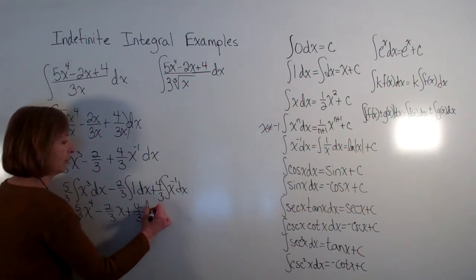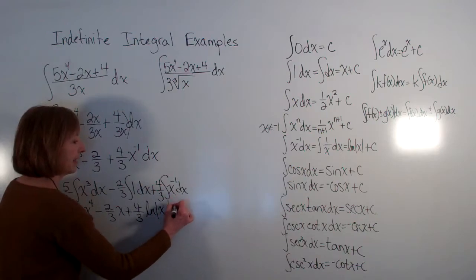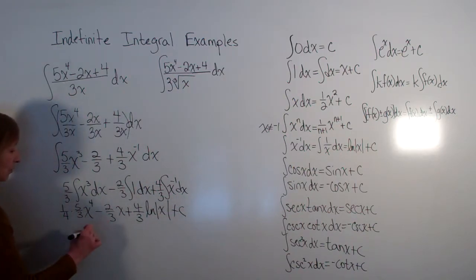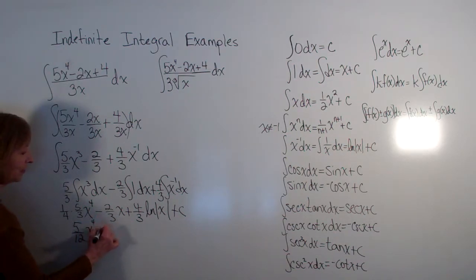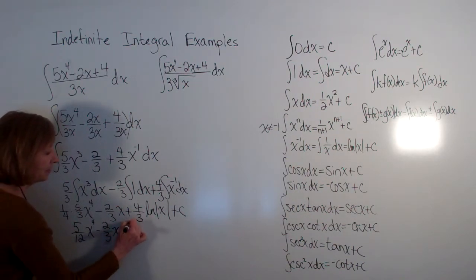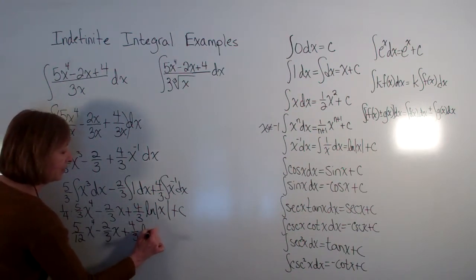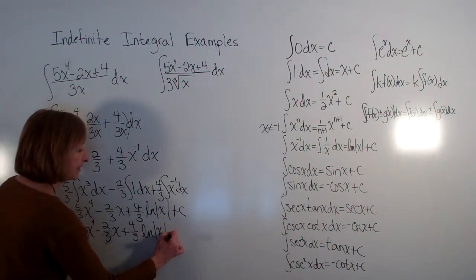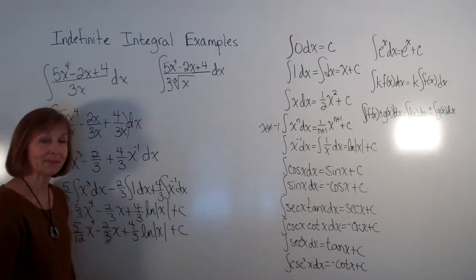So this is the natural log of the absolute value of x, and then plus c. So overall I'll get 5/12 x to the 4th minus 2/3 x plus 4/3 times the natural log of the absolute value of x, and then plus c.